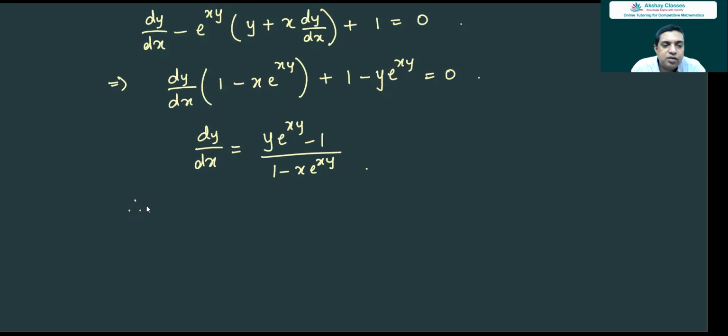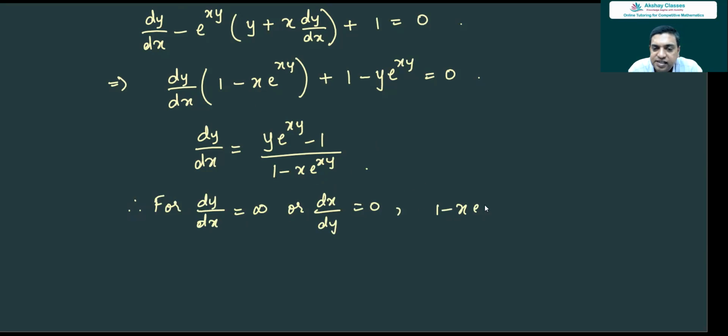So for dy by dx to be infinity or dx by dy to be equal to 0, this denominator term should be 0. So 1 minus x e power xy should be 0.